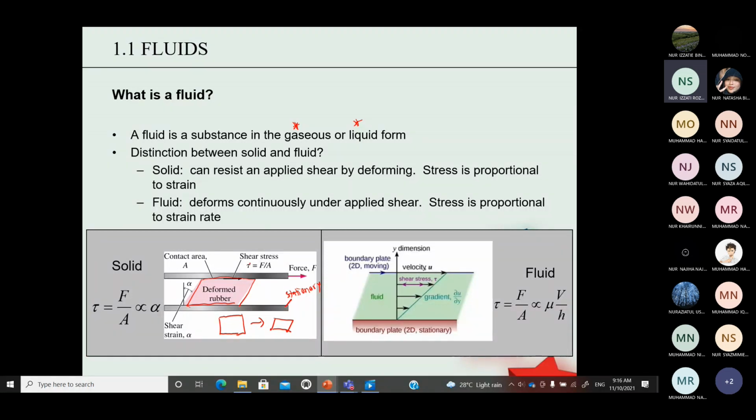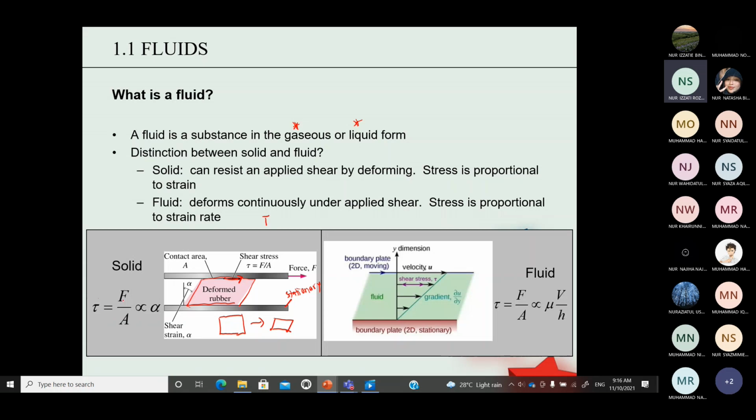This one is shear. As you can see, there is an arrow here. When you give a force, a parallel force, we call it shear stress. The symbol is tau.